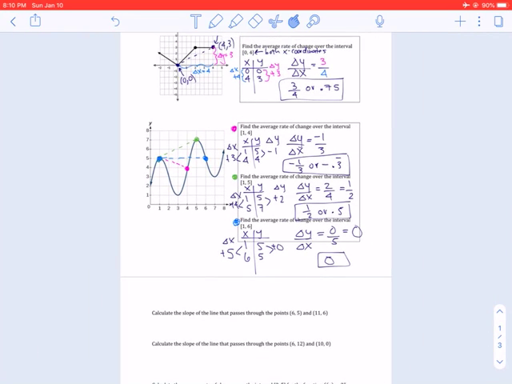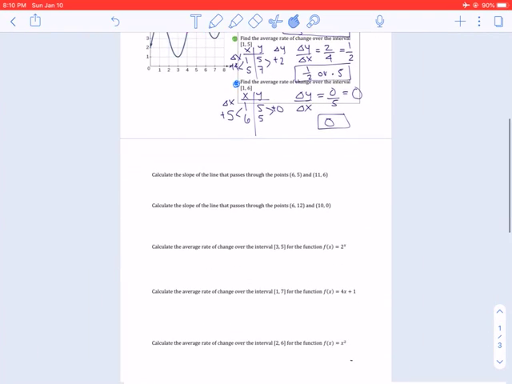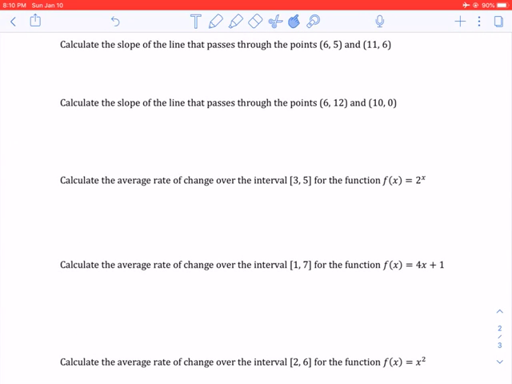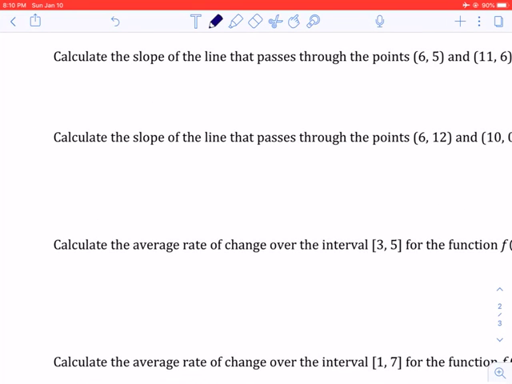We're going to take a break from the graphs, and we are going to now use 2 points. Calculate the slope of the line that passes through the points 6, 5 and 11, 6. We are talking about a line, so that's why I'm able to use the word slope, so it's going to be a constant rate of change. But we're going to calculate the exact same way because it's still an average rate of change.